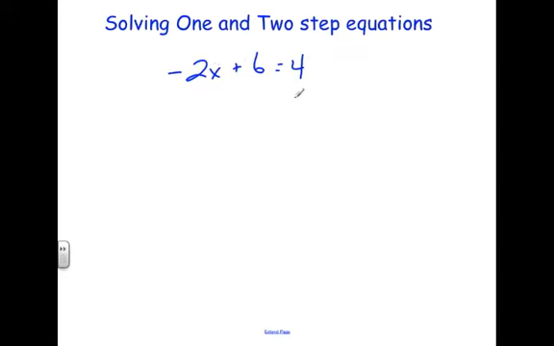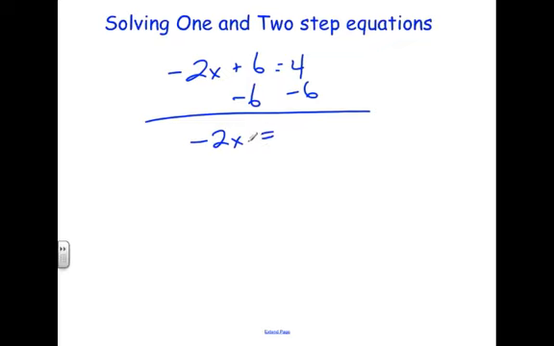Pause this and solve the equation. Okay, you should be done now. So, positive 6, I want to get rid of that, so I'm going to subtract 6 from both sides. Line underneath it. This drops down, negative 2x equals, you notice I'm getting lazy now, this is going to be 0.